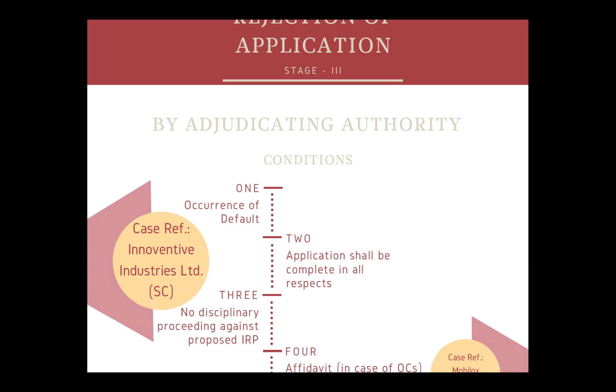Not all timelines are mandatory. There are timelines which are directory in nature, and this is one such case in the code, so it has to be interpreted in that manner. Secondly, the code has also been amended to say that when there is a delay beyond 14 days, the adjudicating authority has to give a reason for its delay. If that is met, the adjudicating authority is fulfilling its duty.